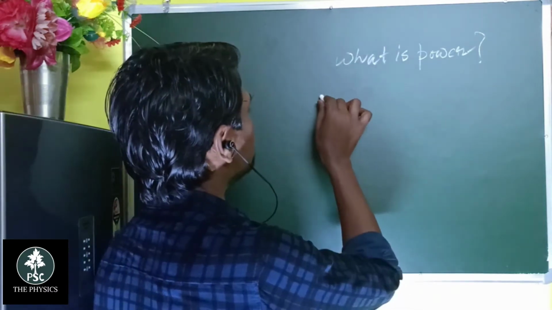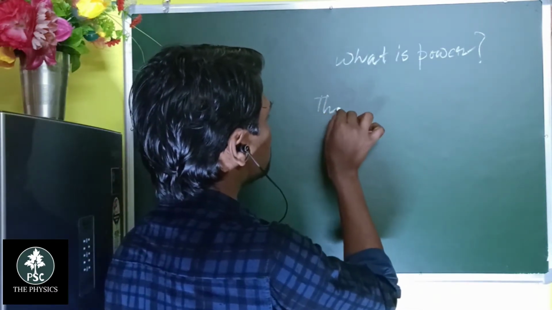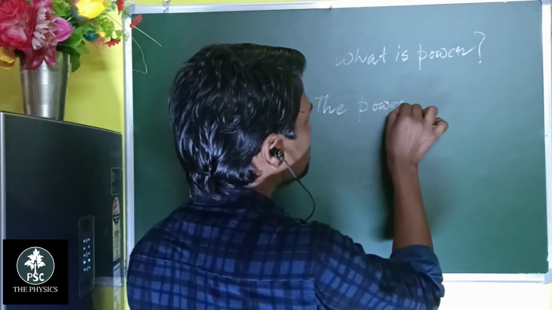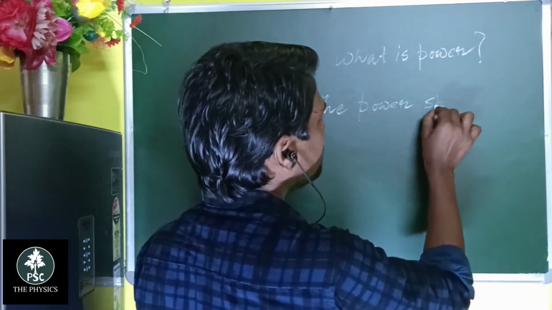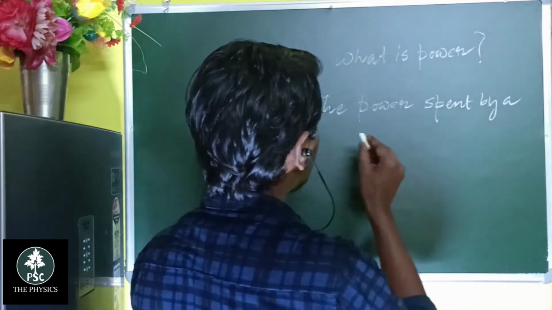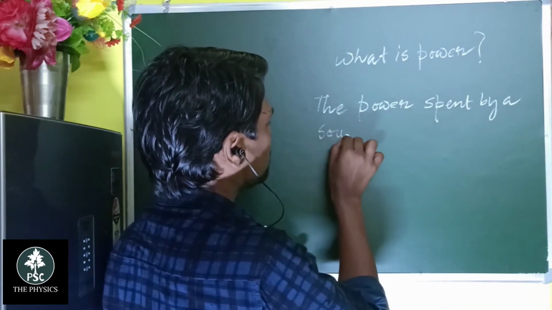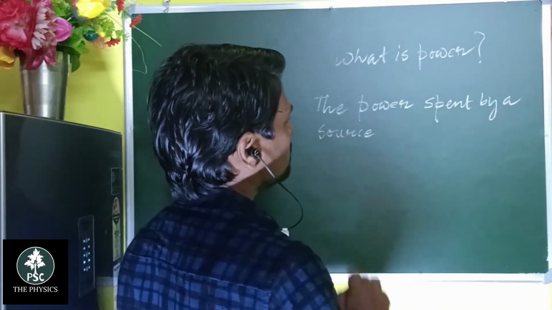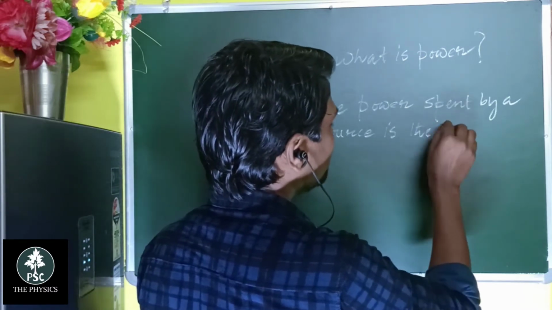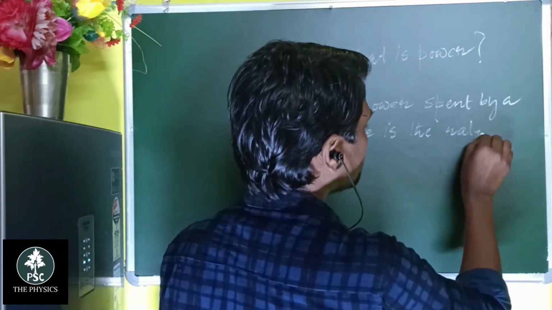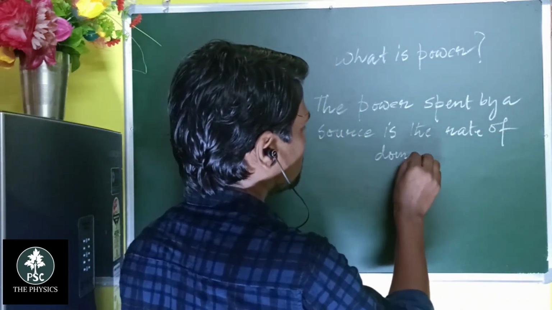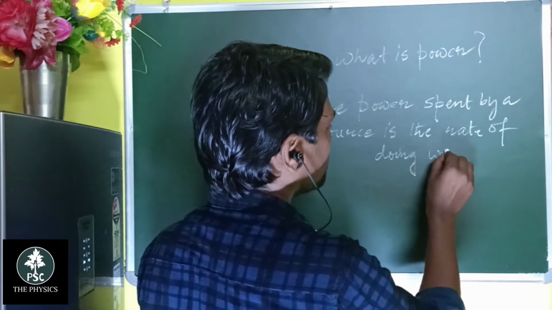You can say that the power spent by a source is the rate of doing work.